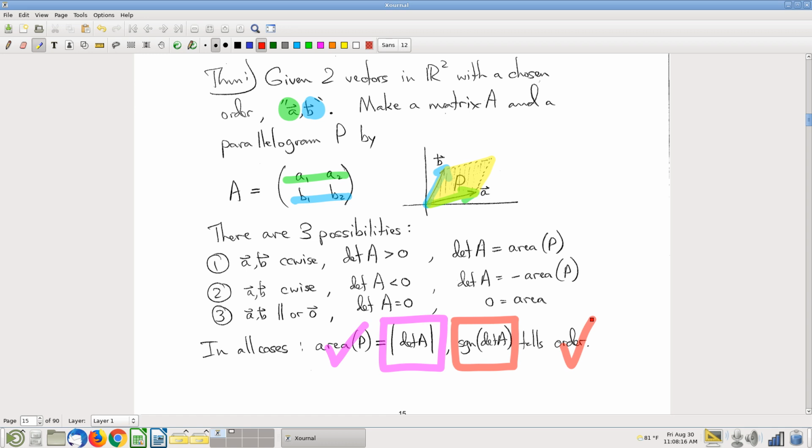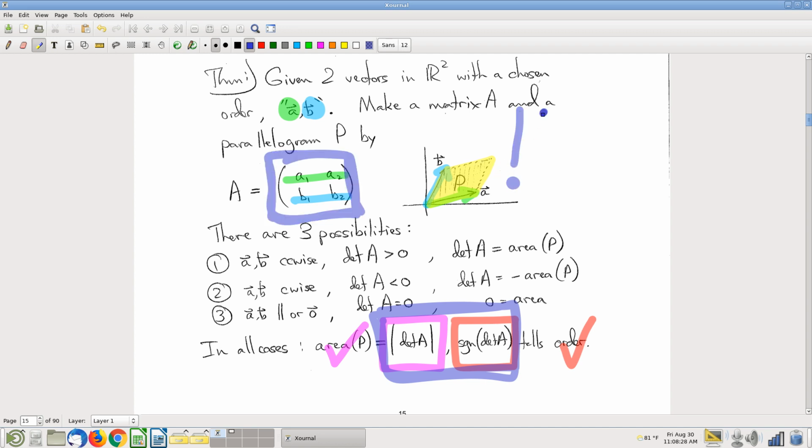So even though the determinant is defined algebraically, it has some shocking geometric interpretations. The determinant's magnitude tells you about the area, and its sign tells you about the order. Area and order are geometric concepts.